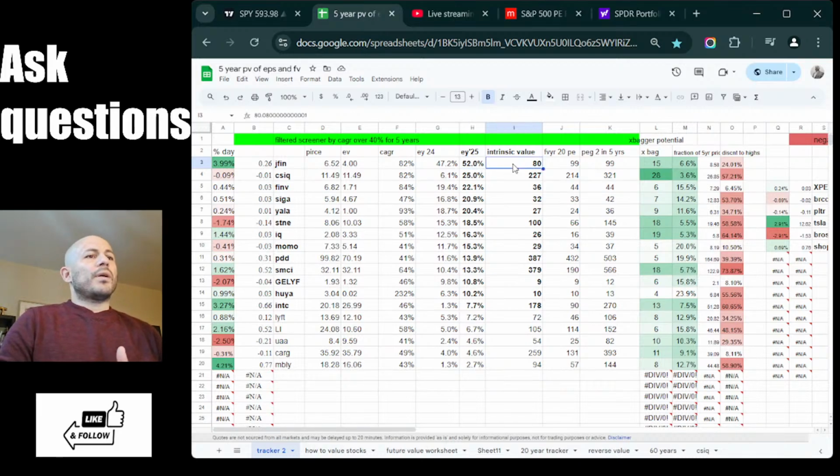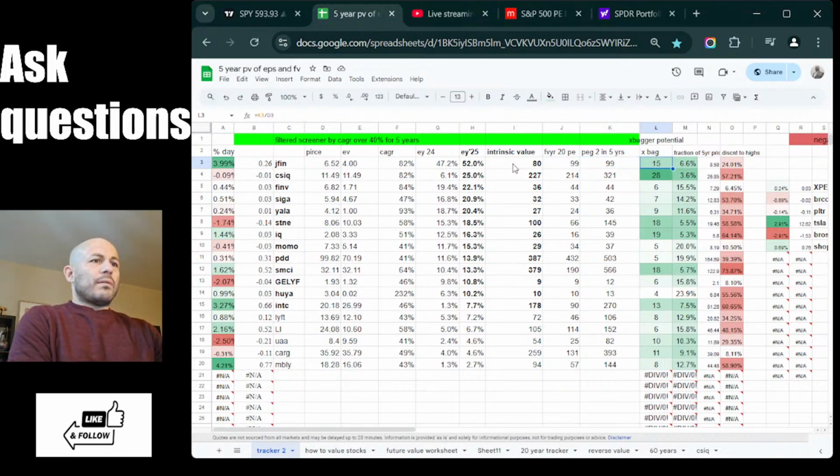I have a formula for intrinsic value. I have a future 5-year price using only 20 PE, and then I have whatever the growth rate times 2. I use that as a growth multiple. That's a Peter Lynch concept. And I figure out a future price.